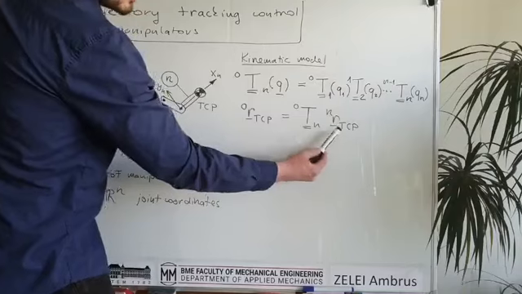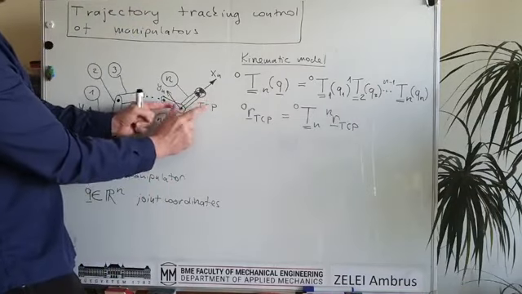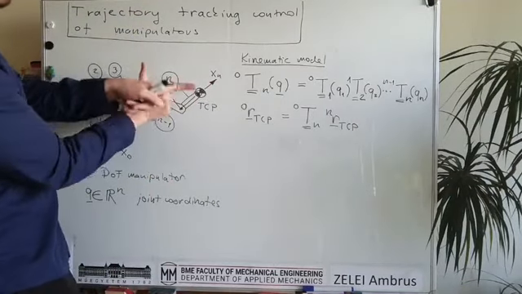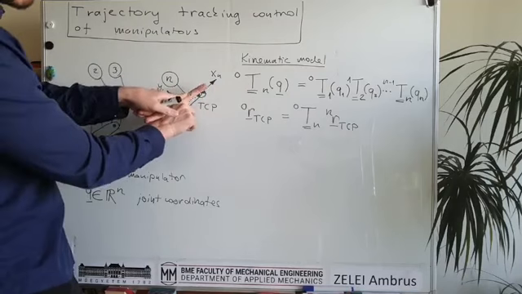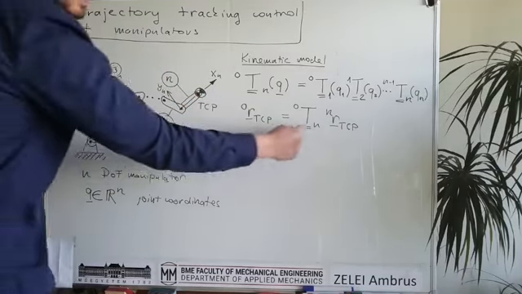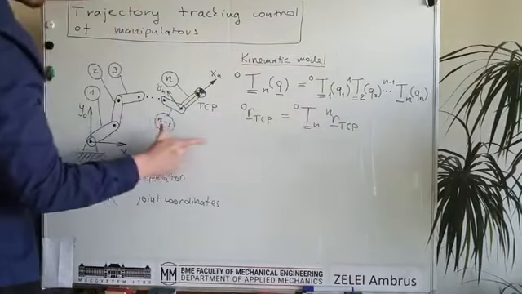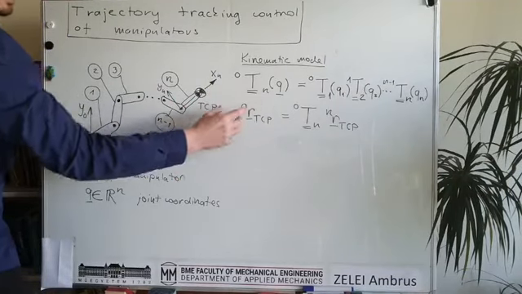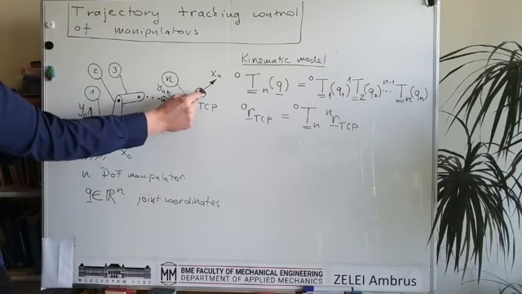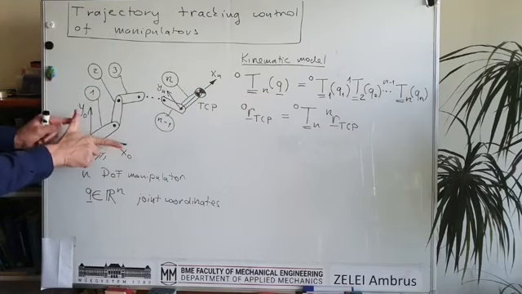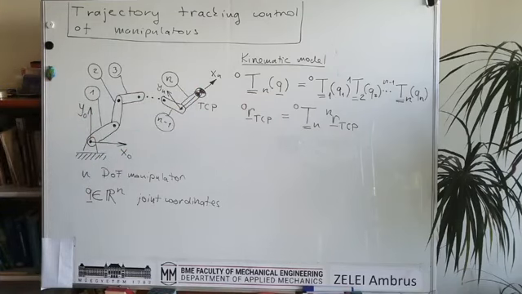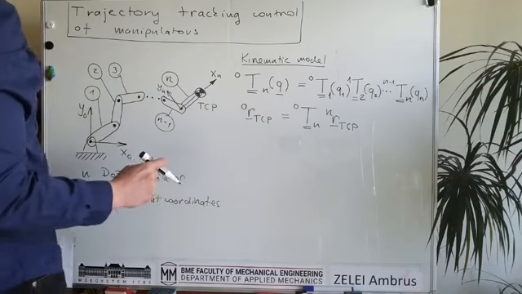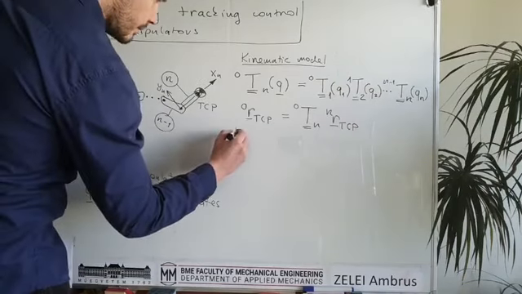So this position is a constant because the TCP point is always in the same place in this last coordinate frame, but this coordinate frame is moving, and this homogeneous transformation matrix represents the motion of this coordinate system. So finally we can always calculate this position in the global frame. Okay, so this is basically the kinematic model of the robot. There were a lot of details, but in a nutshell it's the kinematic model.